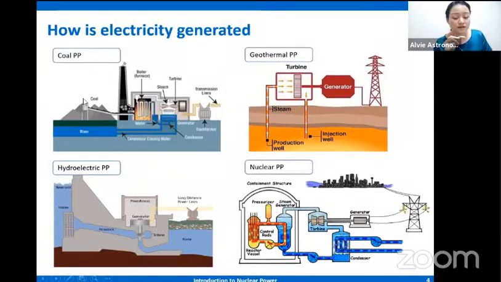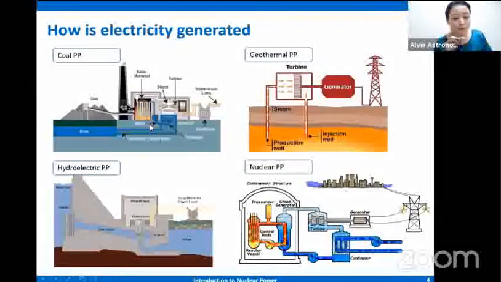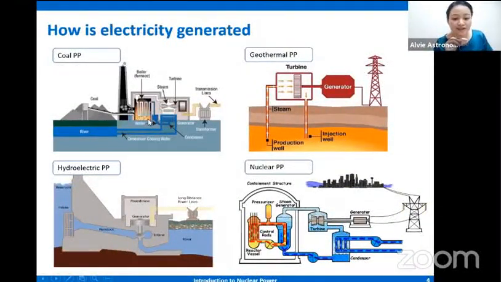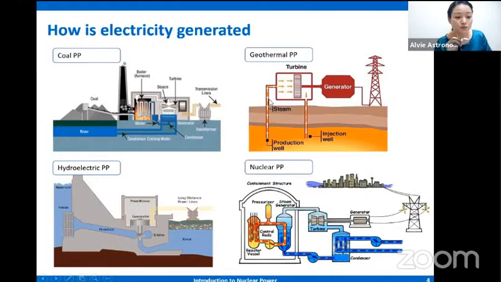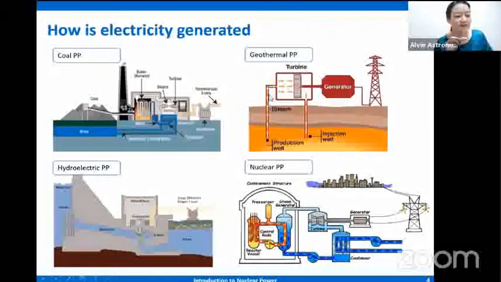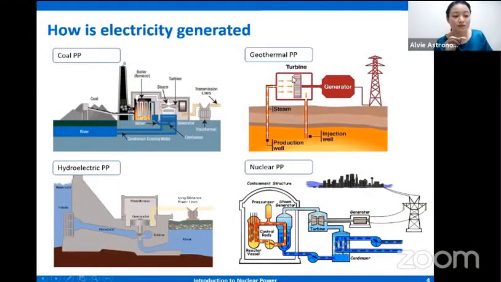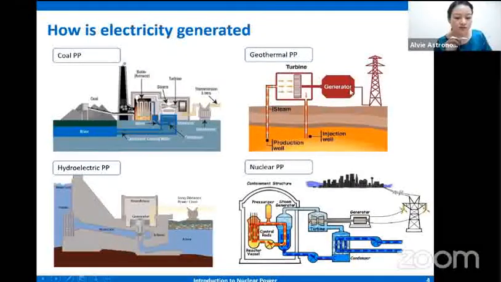For example, here in the coal power plant, you have a boiler, but the source of heat is burning of coal. For geothermal, we don't do burning, but we harness the heat from the earth to boil water and generate steam and to turn the turbine and so on.